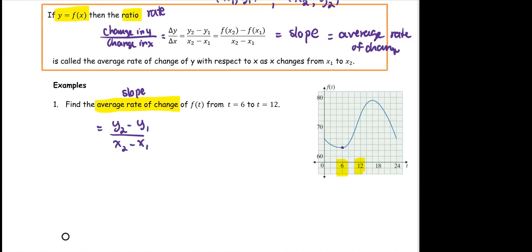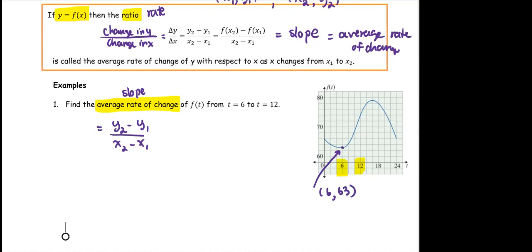From looking at the graph, can you tell me the first ordered pair would be 6 comma what? What is the function value for t equals 6 as you see on the diagram? Approximate the number. Is it 63? It's about 63. Yeah, that's close, so I'm going to go with that. So 63, that's the first ordered pair.